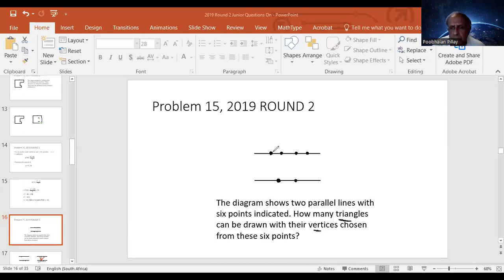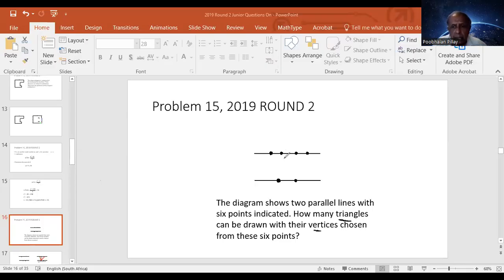Now, obviously, you cannot choose 3 vertices on the same straight line. That would not give you a triangle. So you have to choose maybe 1 vertex from there or 2 vertices from here, but not 3.